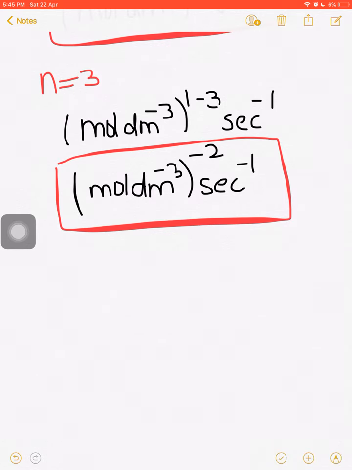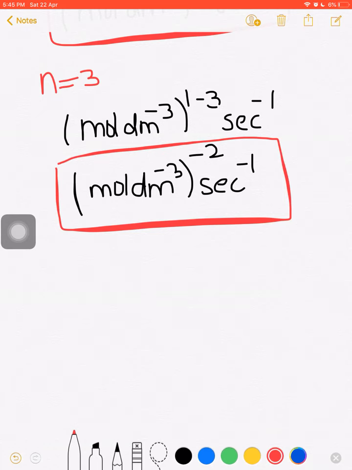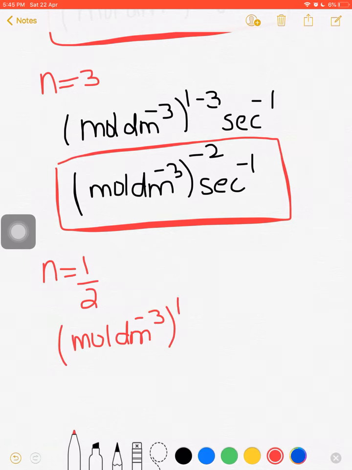Now what if I also tell you that the order of reaction can be a fraction as well? What will be the unit when n is equal to 1 upon 2, right? Then mole dm cube to the power 1 minus 1 upon 2, second inverse, which will be equal to mole dm cube to the power 1 upon 2, second inverse.